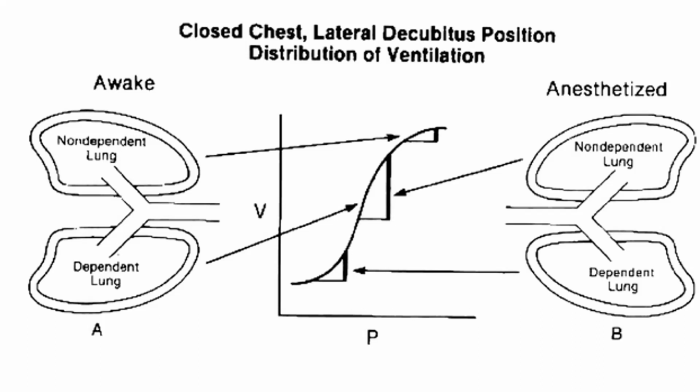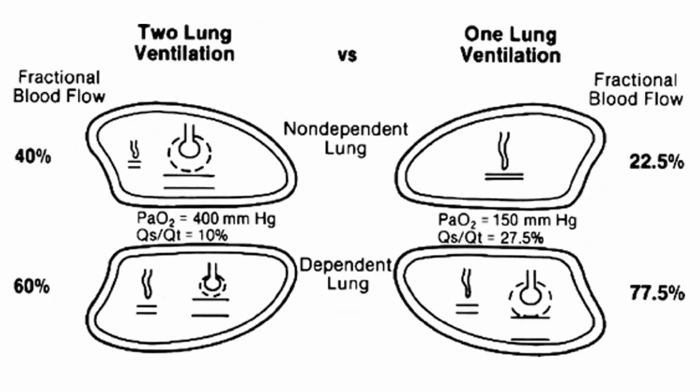Okay, normal physiology. So this picture depicts the effect of HPV, hypoxic pulmonary vasoconstriction, in patients who are on two-lung ventilation versus patients who are on one-lung ventilation. You can see in the picture on the left, patients on two-lung ventilation, both lungs are ventilated. The blood flow to the dependent lung is 60%, whereas the blood flow to the non-dependent lung is 40%.